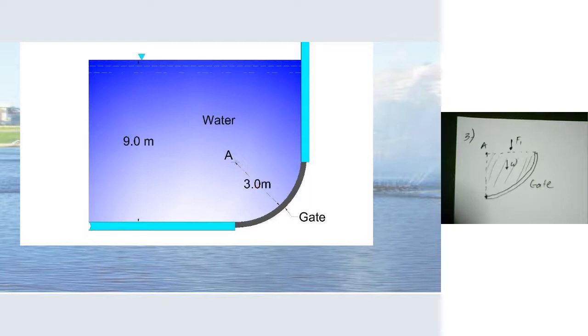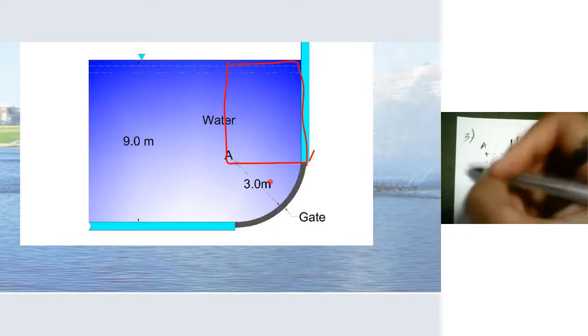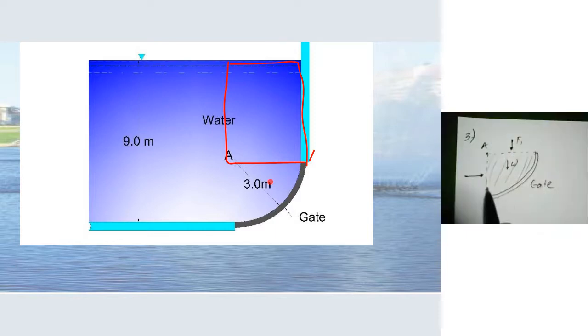F sub 1 is the weight of the water above the quarter circle. We have horizontal, so let's call this F sub 2. So these are the forces that are acting on the gate. Nothing else.